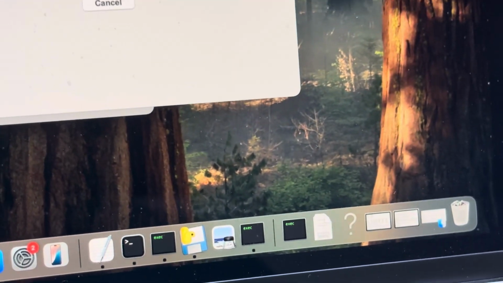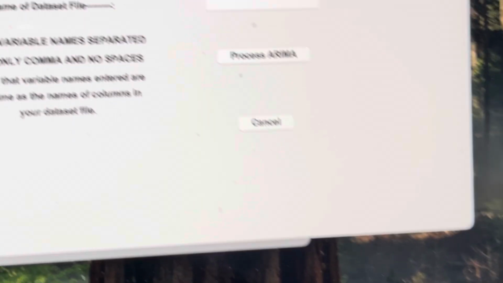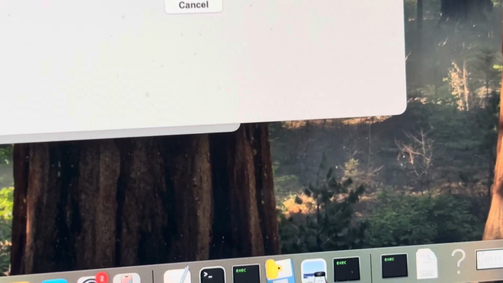We can actually use any data. We can even use the one that we have before to do that.